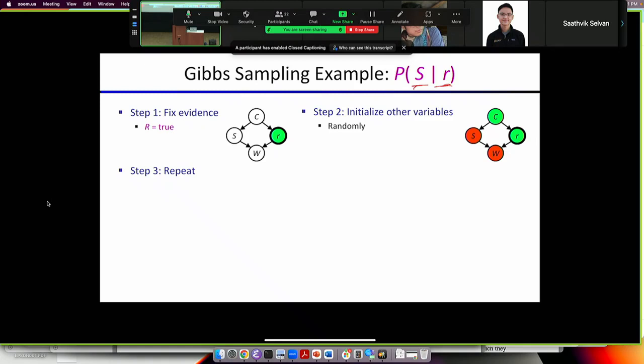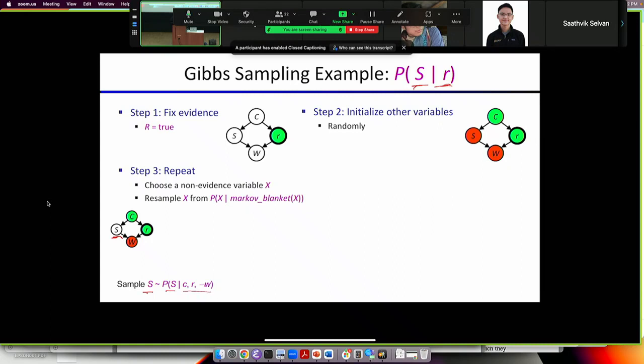Choose a variable to sample, and then resample its value given its Markov blanket. So here we chose S, and so we're going to sample S from the probability of S given its Markov blanket, which is C, R, and not W in the current state. And we do that calculation, multiplying the CPT entries.